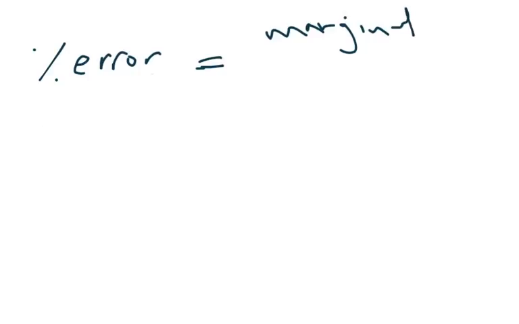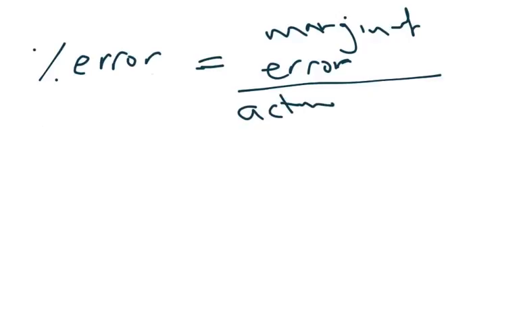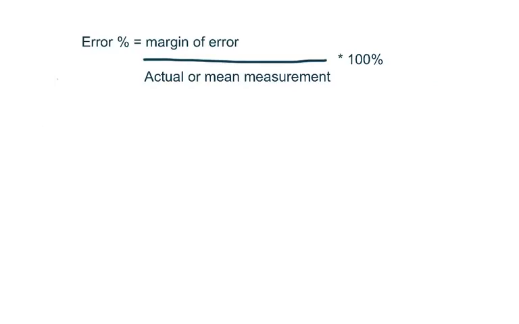The percentage error in instruments is equal to the margin of error, which we can find in our instruments, over the actual or mean measurement. Let me write that down another way. So the error percentage is the margin of error over the actual or mean measurement times 100%.